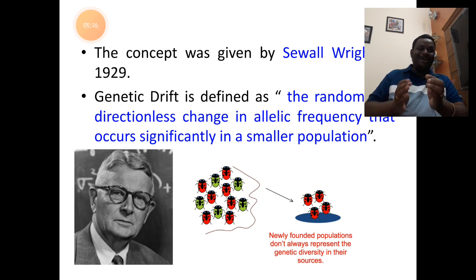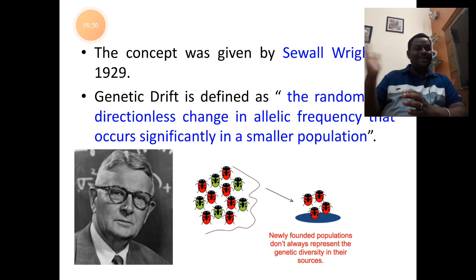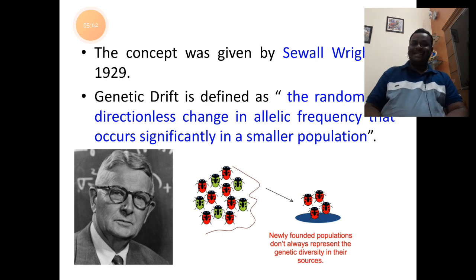So the frequency of red and green alleles of the original population is different from that of the newly migrated current population. So this change in allele frequency of a smaller population which takes place merely by chance is called genetic drift.